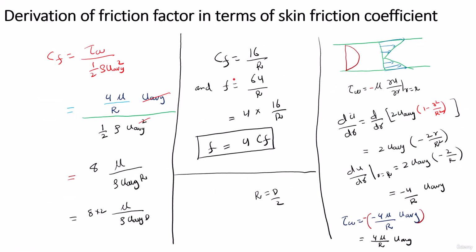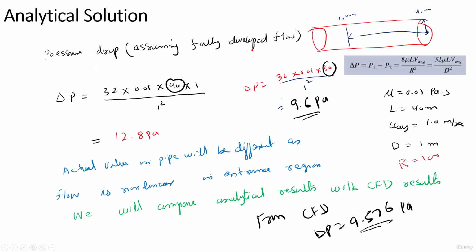First we will get some values. For a pipe of length equal to 40 meters, I will discuss what the dimensions of the pipe are going to be. If I take the length as 40 meters and put it into this same formula, 32 mu, with mu taken as 0.01 as mentioned here, diameter 1, and average velocity 1 meter per second, the pressure drop along the pipe is 12.8 Pascal.